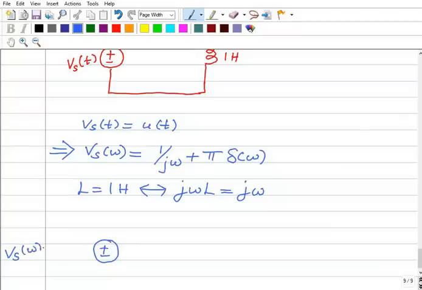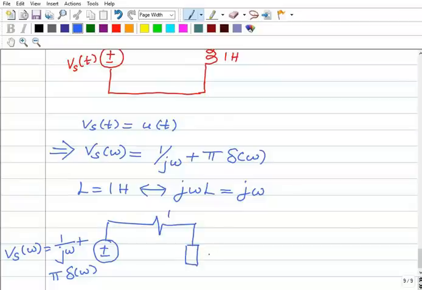Vs of omega is 1 over j omega plus pi into delta omega, a 1 ohm resistor, the impedance of the inductor is j omega, and the current in the frequency domain is I omega.